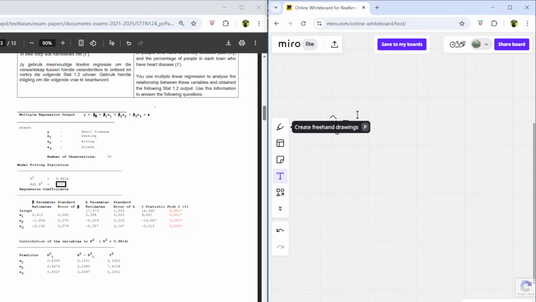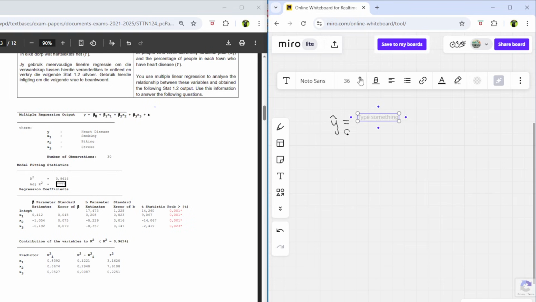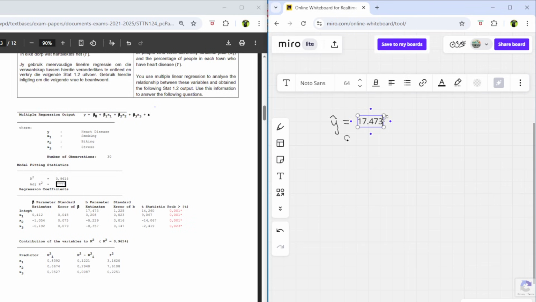So it's going to be 17.473 plus 0.208, then you're going to write x1, minus, I'm saying minus because this one is negative, minus 0.229 x2, don't forget this, x2, minus 0.357 x3, and that is your equation.